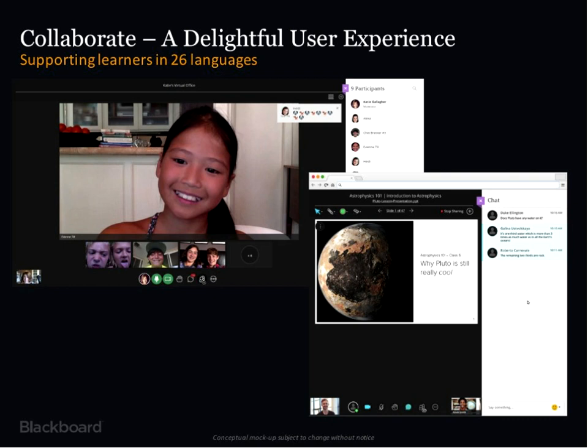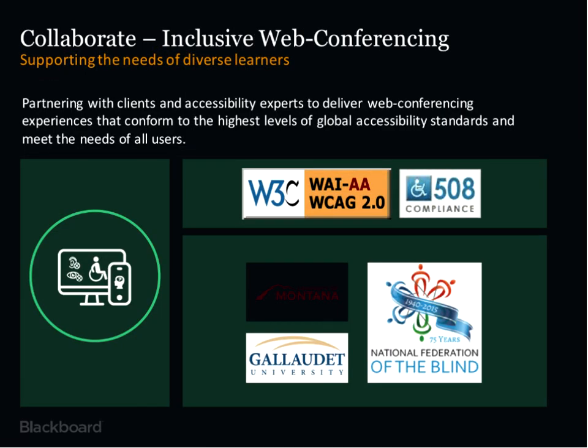On the bottom right-hand side, you see the content view, so the sort of guided instruction that's using visual content as part of that instruction, along with the chat. So much like you're experiencing here in this Collaborate version 12 experience, chat is, of course, available in Collaborate with the Ultra experience.